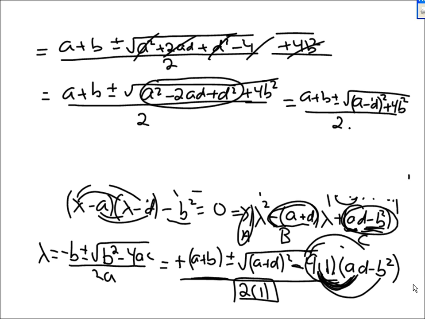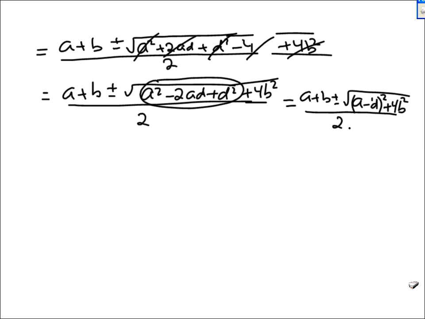Those are the values of lambda for each and every symmetric 2x2 matrix. You just have to type in the A, B, and D.